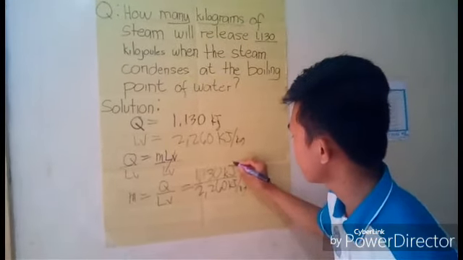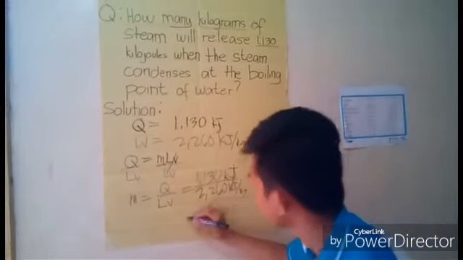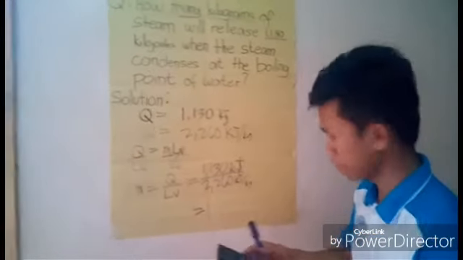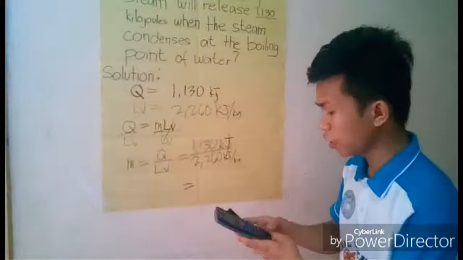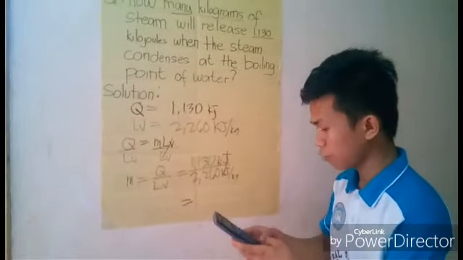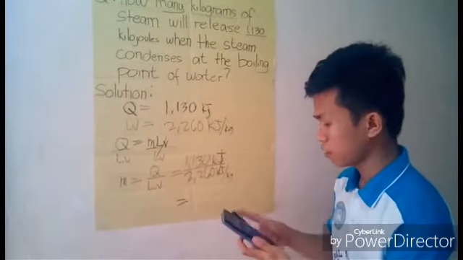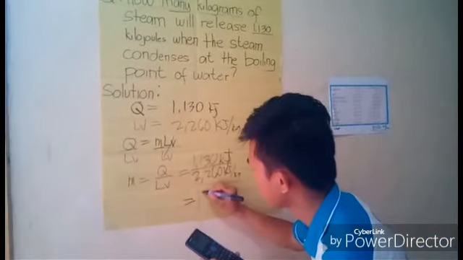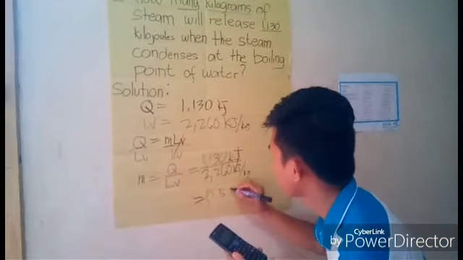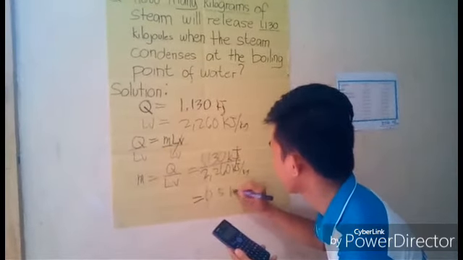So kilojoules cancel out. Let us compute 1,130 divided by 2,260. So the answer is 0.5 kilograms.